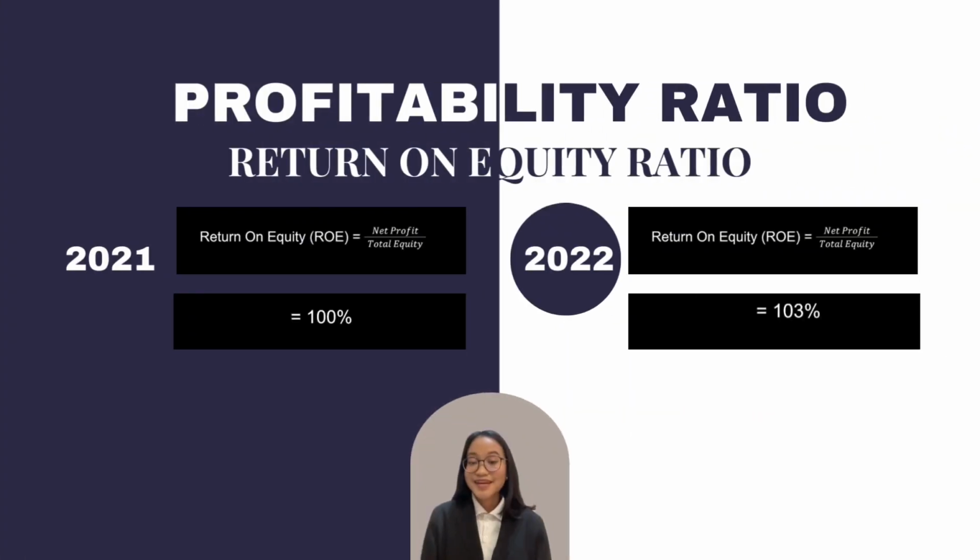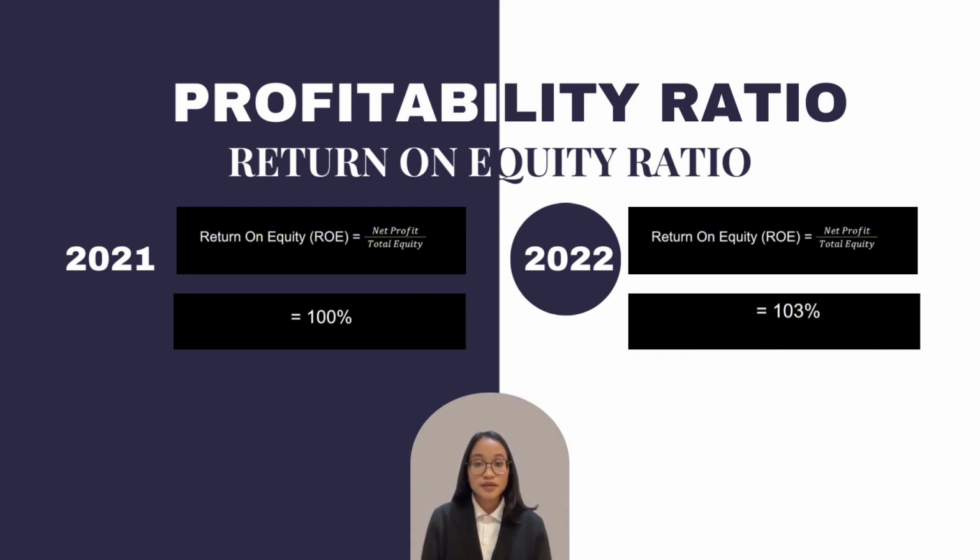Next is the profitability ratio, which assesses a company's ability to generate profit relative to its revenue, assets, equity, and other financial parameters. Under this ratio is return on equity, which measures company profitability and profit generating efficiency. The higher the ROE ratio, the better for the company.